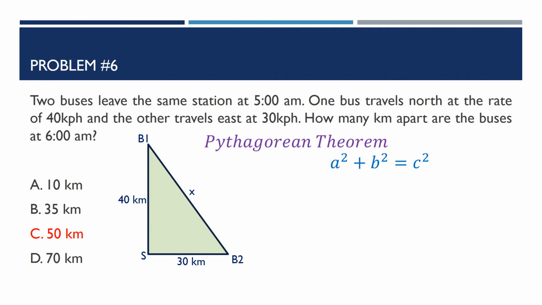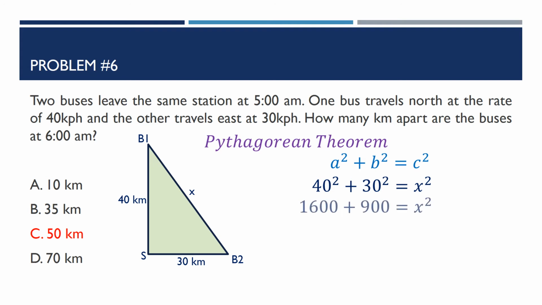In our problem, we have 40 squared plus 30 squared, those are the legs of the right triangle, equals the hypotenuse, the distance between the two buses. We denote it as x squared, or we can use a different variable for the missing part.